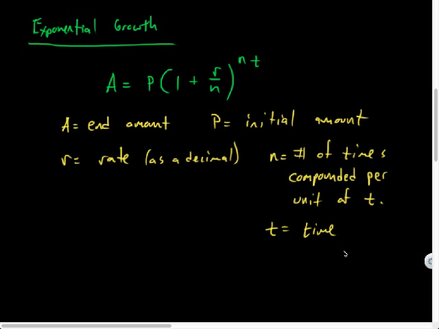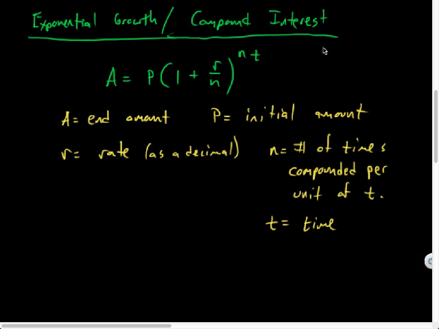Typically, time is measured in years because this type of exponential growth for compound interest is usually used just for banking, and you're usually interested in how much money you'd have at the end of each year. I'll explain the number of times more in the next example.